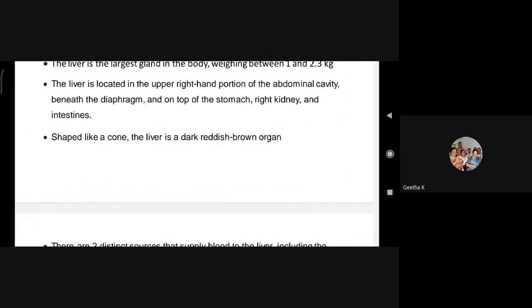The liver is a dark reddish brown organ. Now the color is depicted here. Which color suits liver? That is reddish brown. The color of liver is generally reddish brown, and if the color of liver changes, then an abnormality is indicated by medical science.